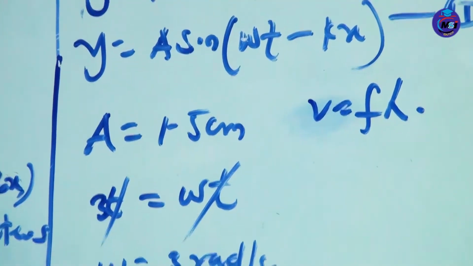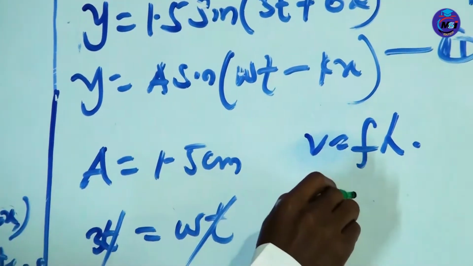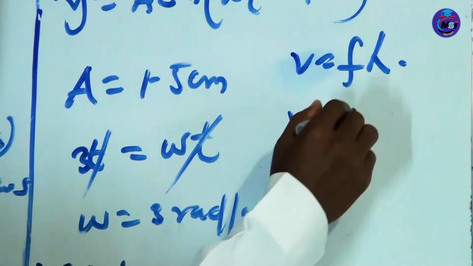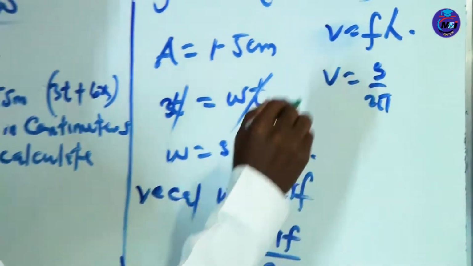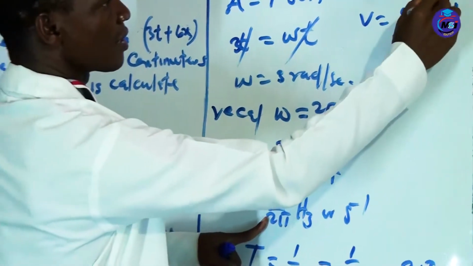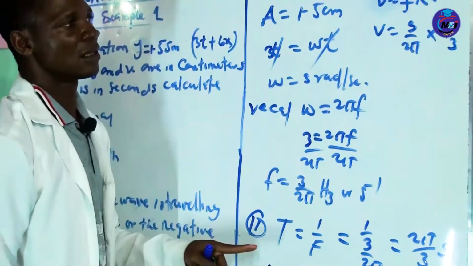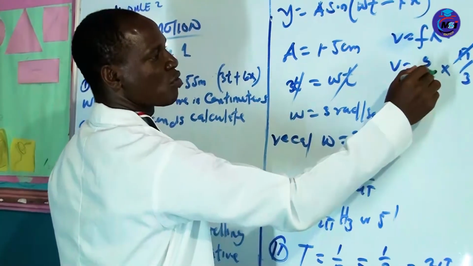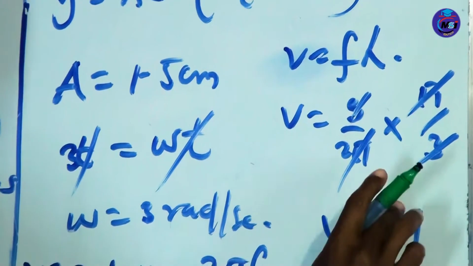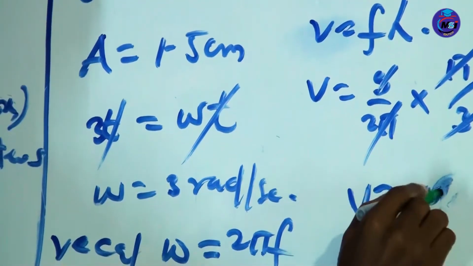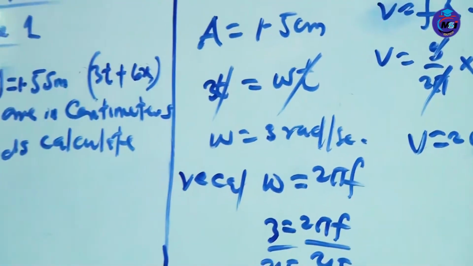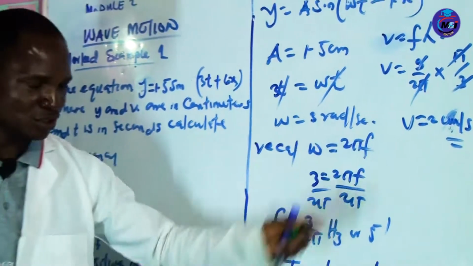So we have v equal to our f, which is 3 over 2 pi, times our lambda, pi over 3. So this pi will take one of the pi here, and this one will take this one. Our v is 2 centimeter per second. Since I did not convert the unit, we leave it like that. That will give us the solution.